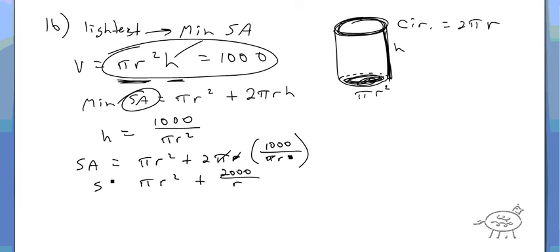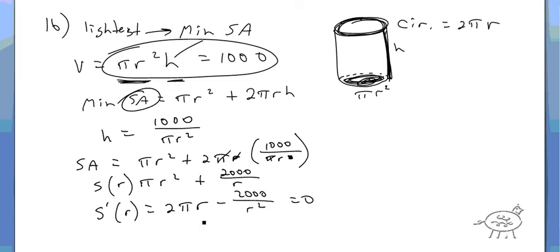That's my surface area, and I'm going to do that in terms of S of r. Then again I'm trying to minimize the surface area, so I'm going to do S prime of r, and that's equal to 2 pi r minus 2,000 over r squared using the quotient rule. Set that equal to 0.